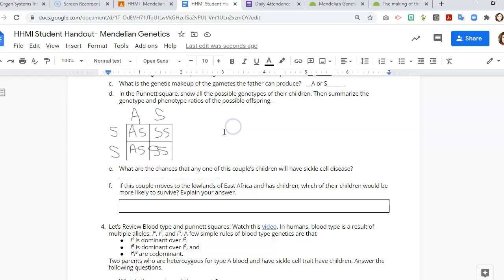Okay. So now we got to do the genotypic ratios. And so in this case, for having the trait, that is going to be 50%. And to have sickle cell, those offspring have a 50% chance of doing that. Okay, in terms of the phenotypic, okay, so there's going to be 50%, you would just say sickle cell trait.